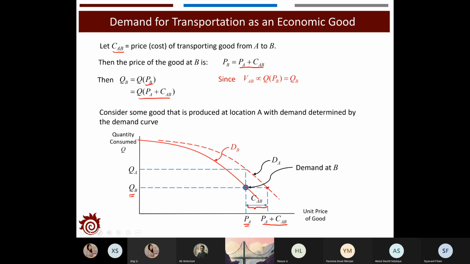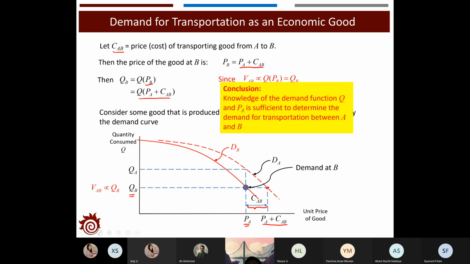QPB, which is the quantity and price relationship. And as PB is in the function, PB equals PA plus CAB. So we can say that once you know the demand function at point A and the price at point A, you will be able to use these two pieces of knowledge to identify the volume from point A to point B to transport that specific good.